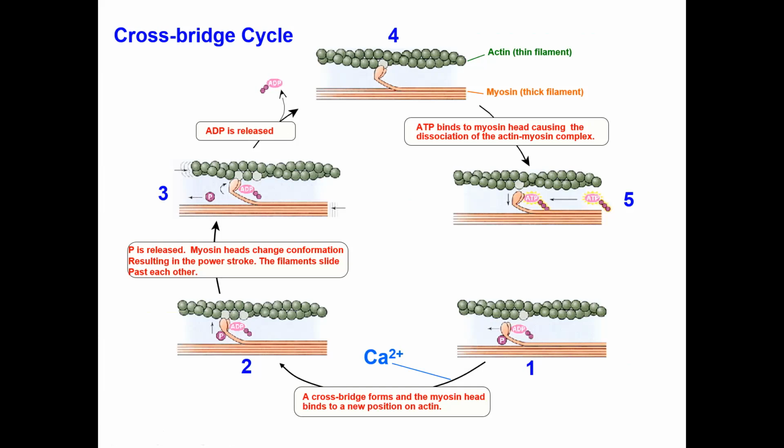When is that the case? In a dead body. After we are dead, ATP is not produced anymore in the cells. All the ATP which was in the cells will be used, and no new ATP is delivered. Therefore, the head remains in this condition connected with actin.